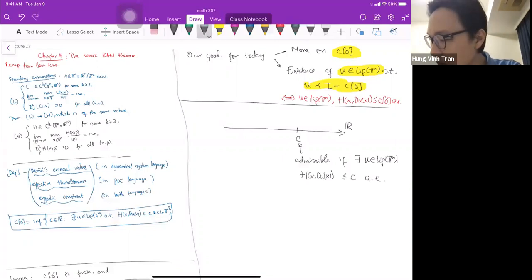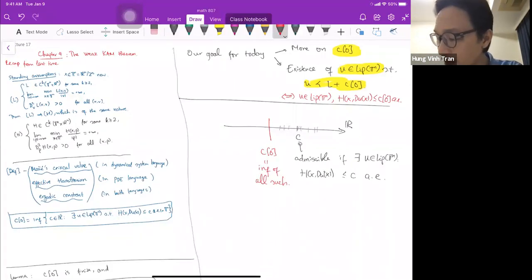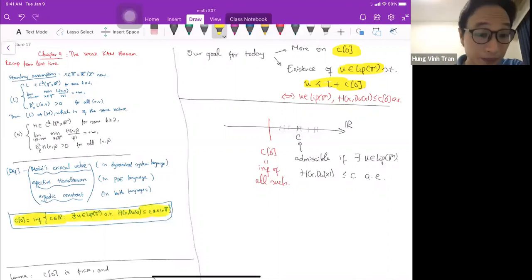So you collect all possible admissible C, right? And you would define C naught to be the infimum of all of such, and that exactly leads us to the definition on the left panel. We define C naught to be the infimum of all constants C such that there is a function U for which that inequality happens almost everywhere.